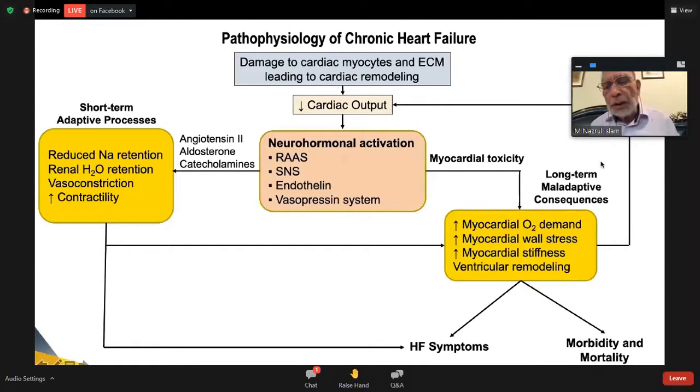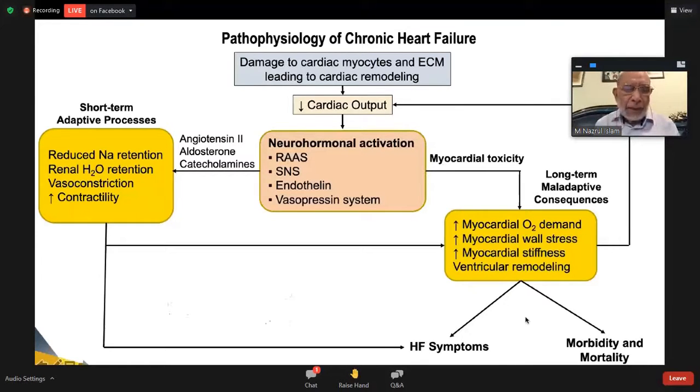But in the long term there are maladaptive consequences, leading to increased myocardial oxygen demand, myocardial wall stress, myocardial stiffness, and ventricular remodeling. These ultimately lead to heart failure symptoms, and mortality and morbidity increase.